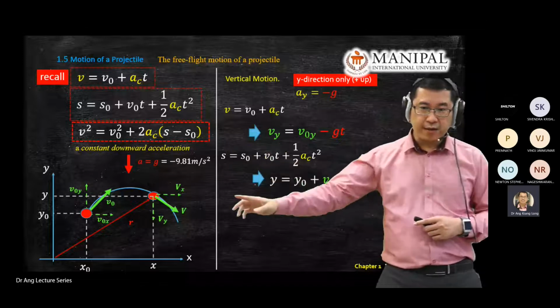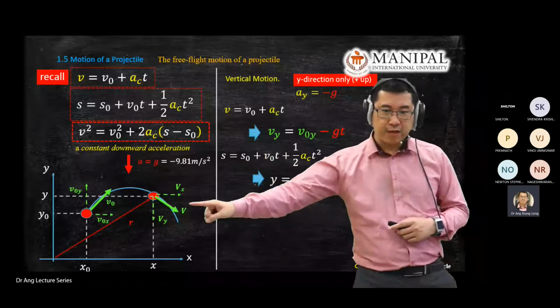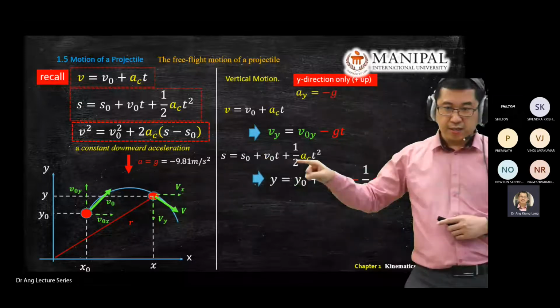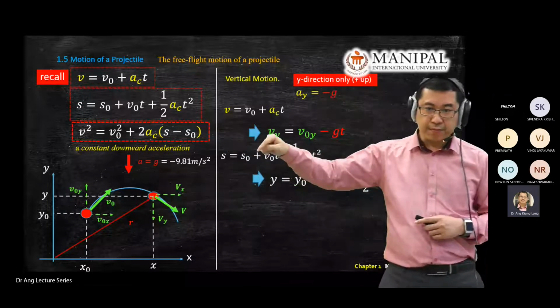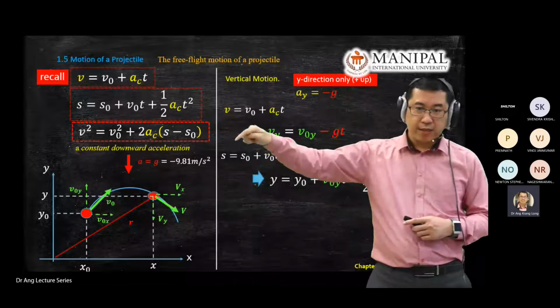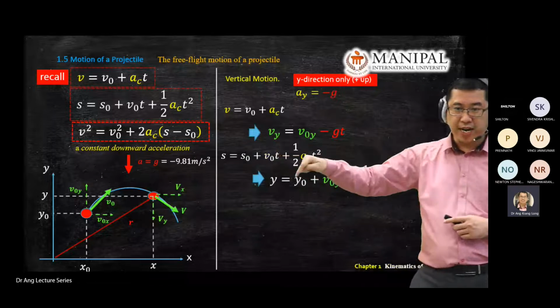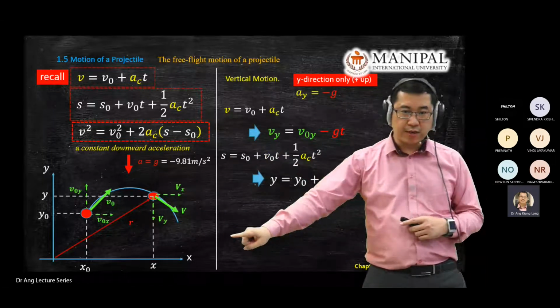It becomes Y according to this diagram. Your last position on the vertical axis is Y. So S becomes Y. S sub 0, your starting position in the Y direction, becomes Y0 according to this diagram.